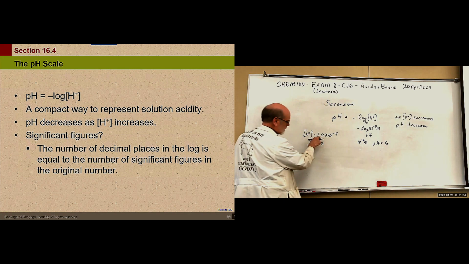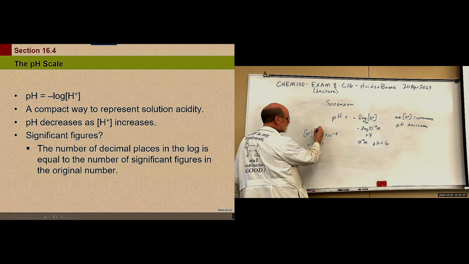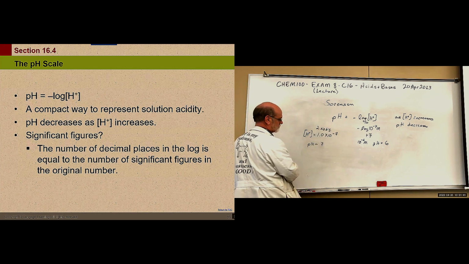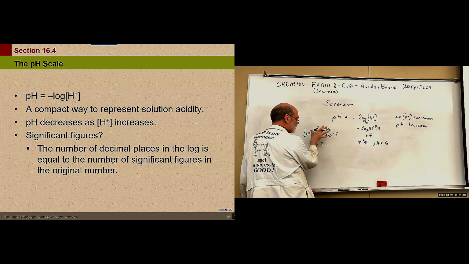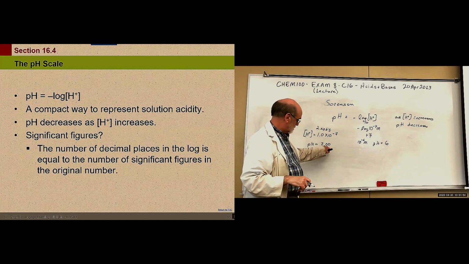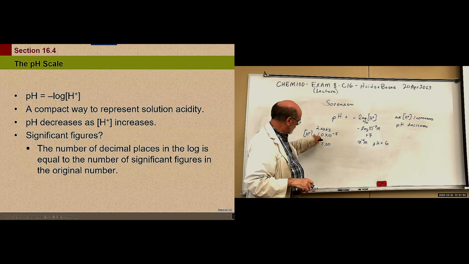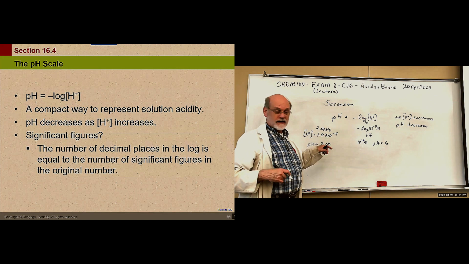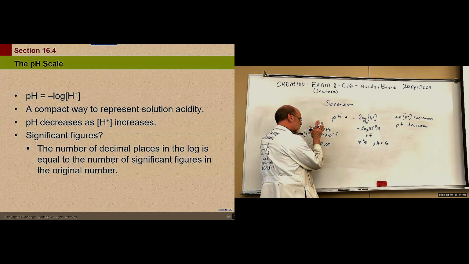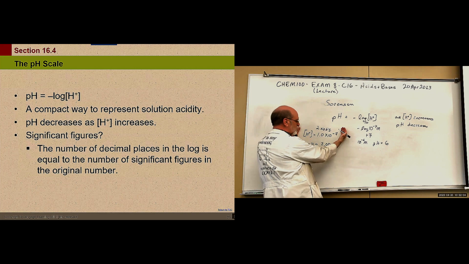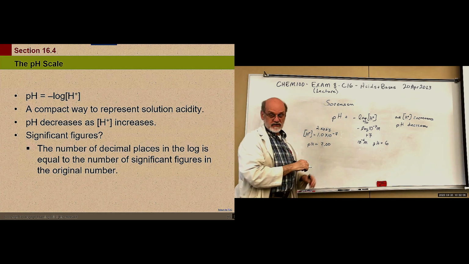So if we say significant figures here is 2, then when we convert that to pH, we should use 2 decimal places. And when we convert back to this one, we can only have 2 decimal places in our coefficient. So the significant figures in the molarity number is the same number of decimal places in the pH.